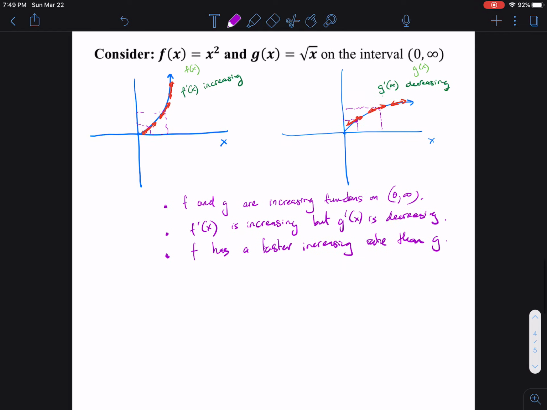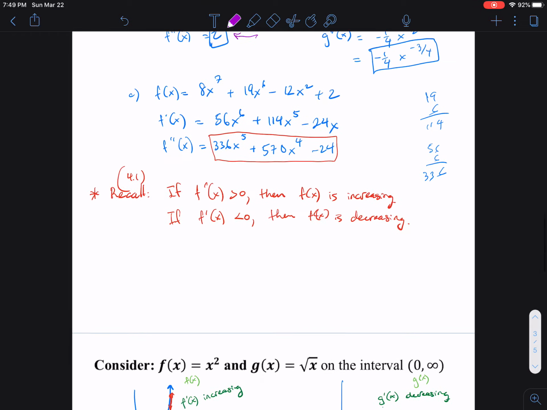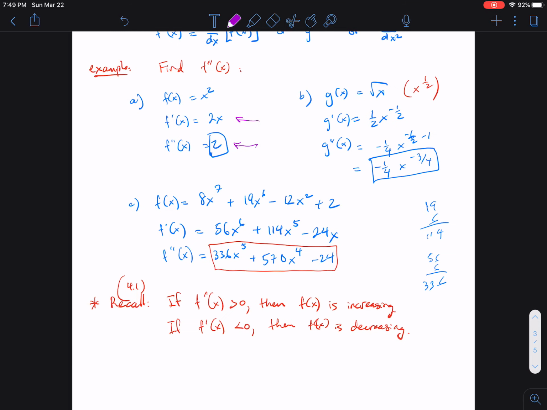What we're going to do next is bring in the second derivative and tie that to the graph itself. If we observe the formulas up here, one has a positive and one has a negative second derivative. In this case, this is a positive second derivative, and this is a negative one.